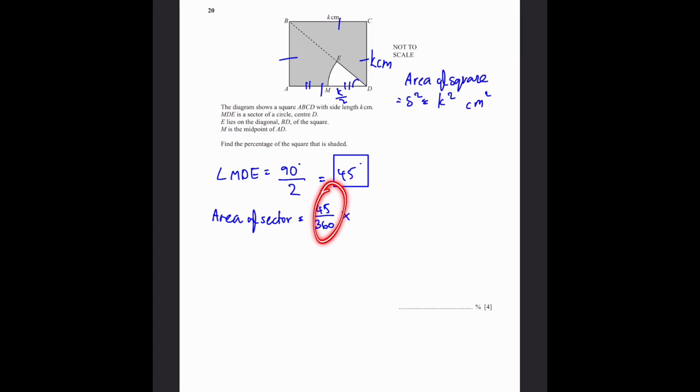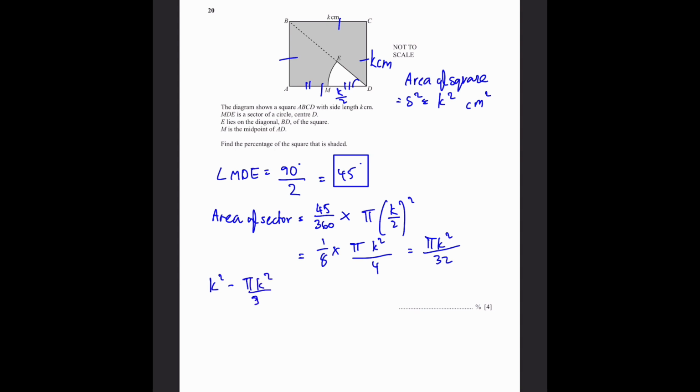So 45 by 360 into pi into k by 2, the whole squared. That's equal to 1 by 8 into pi into k squared by 4, which is pi k squared by 32. And this can be the area of the sector for now. So k squared minus pi k squared by 32 is the area of the shaded region.